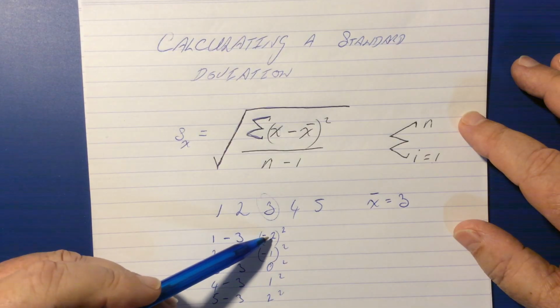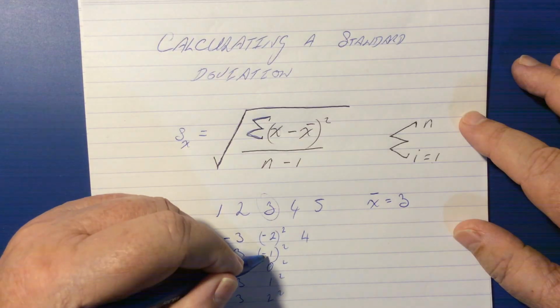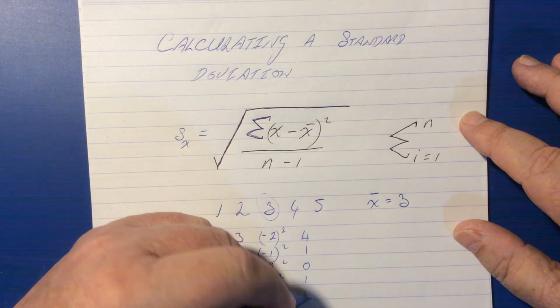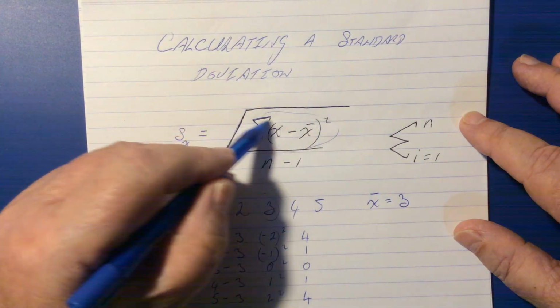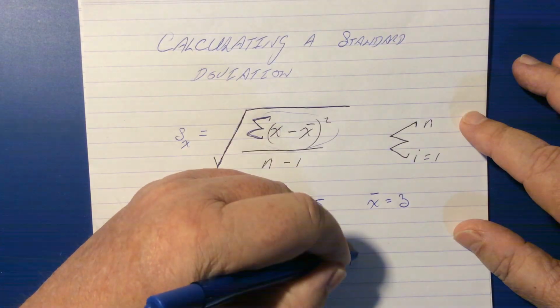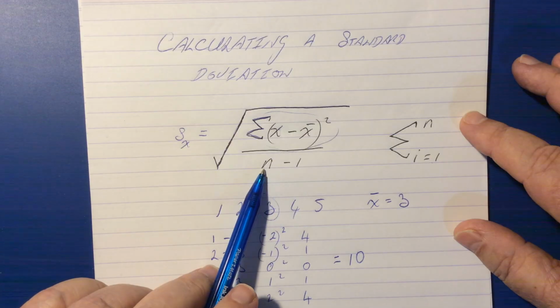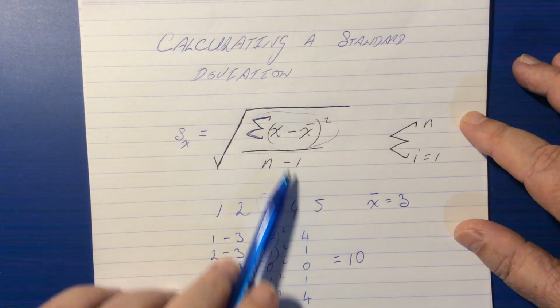So negative 2 all squared is 4. That is 1. That is 0. That is 1. That is 4. So this total here is equal to 10. And then what we're going to do is divide this by the number of elements, 5 minus 1.